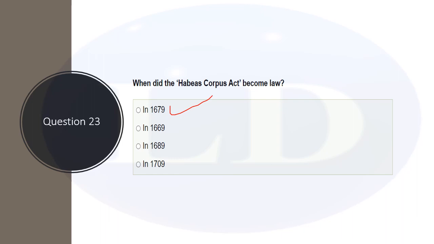Before 1679, anybody could be accused of anything without any trial, without listening to that person. For example, if I blame you that you stole my money, let's say 500 pounds, and I'm an influential person, I go to the court or the government, and they will issue a sentence without speaking to you.